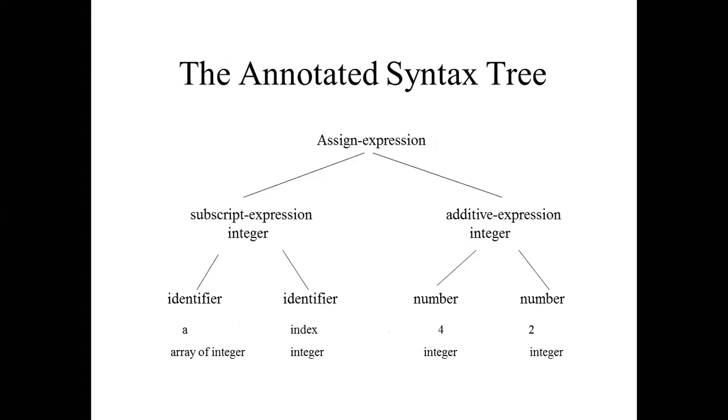Again, we will update the same syntax tree: assign, subscript expression integer, additive expression integer, and then we can write the identifier, again identifier, number. So A index 4 2.